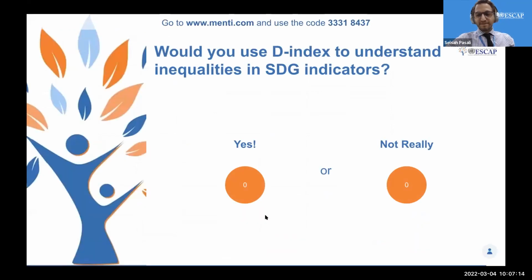So a final question, and this could be on the chat or on Mentimeter. Would you use the index to understand inequalities in SDG indicators? And this could be using the D-index on our platform or adopting the D-index and using it for other indicators that you might be interested in.